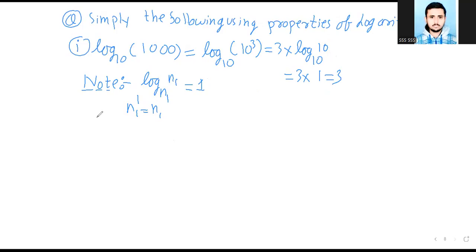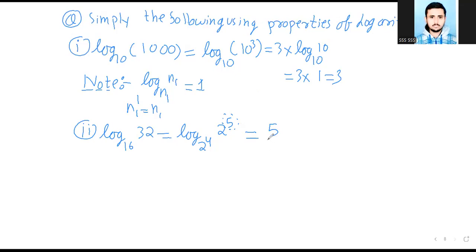Let's check the next question. The second question is log of 32 to the base 16. So this becomes log of 32, which is 2 raised to the power 5, and 16 is 2 raised to the power 4. So the power of the argument gets converted into multiplication.